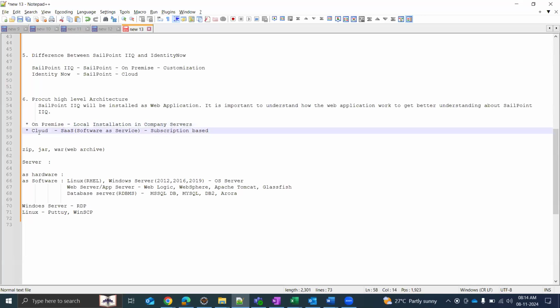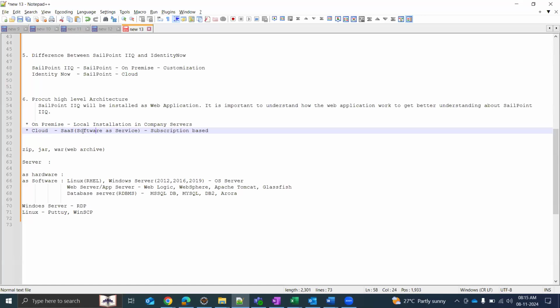Nowadays we have most of the solutions coming as cloud-based solutions. In cloud terminology, this is termed as SaaS, which stands for software as a service.